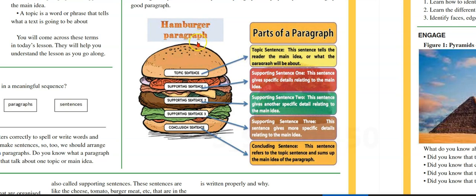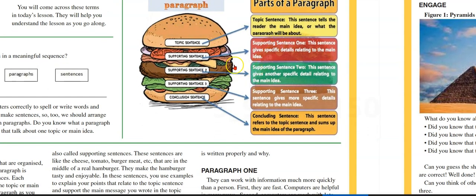So let's look at this hamburger paragraph. We have topic sentence, supporting sentence 1, supporting sentence 2, supporting sentence 3, and a concluding sentence or conclusion sentence. Let's look more. Parts of a paragraph. Topic sentence. This sentence tells the reader the main idea or what the paragraph will be about. Next, supporting sentence 1.